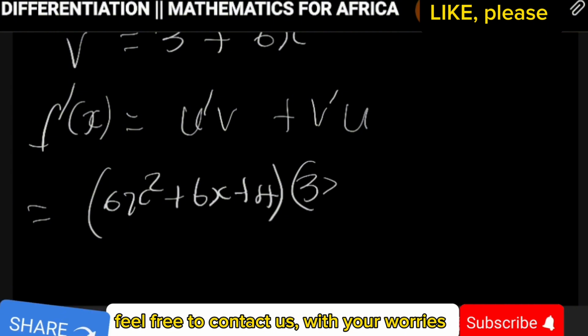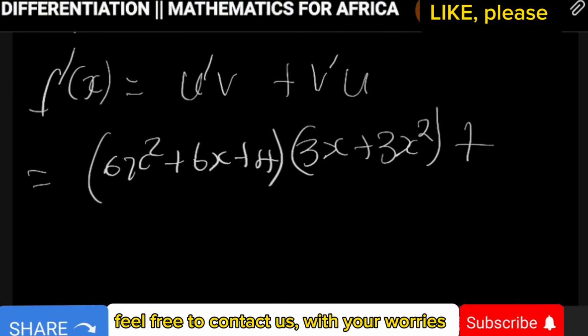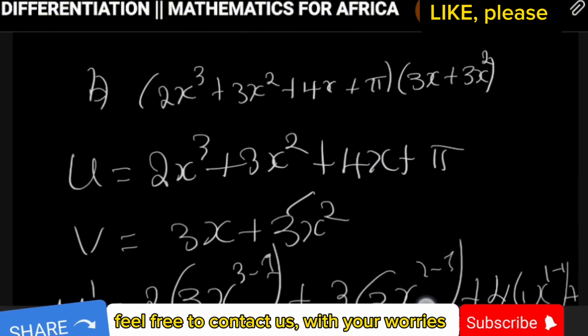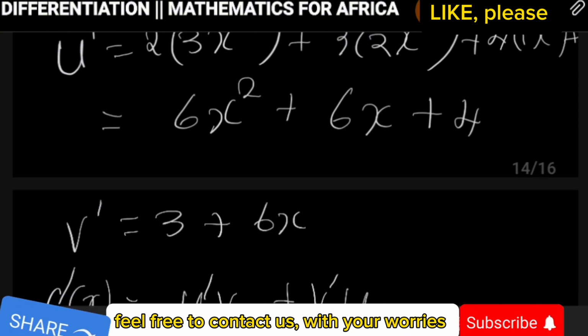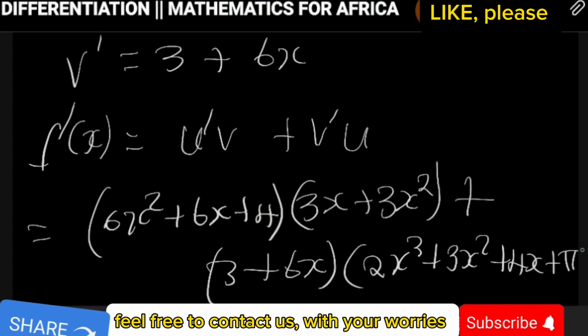V was 3x plus 3x squared, plus v prime, which is 3 plus 6x, all of that being multiplied by u. And my u is simply 2x cubed plus 3x squared plus 4x plus pi.